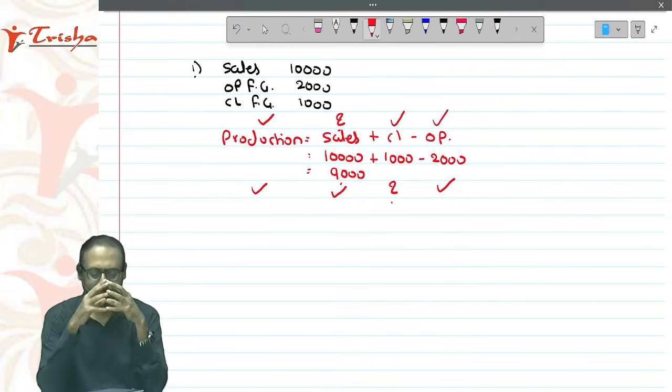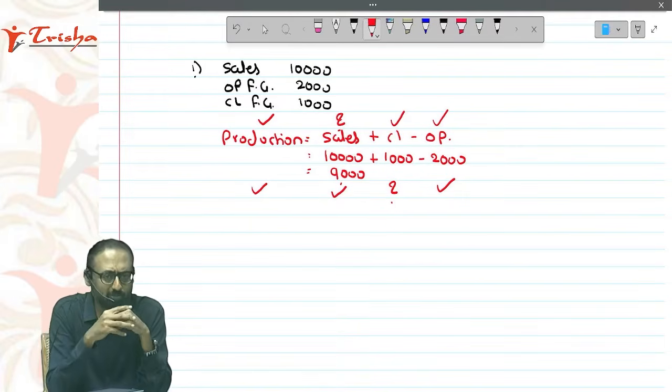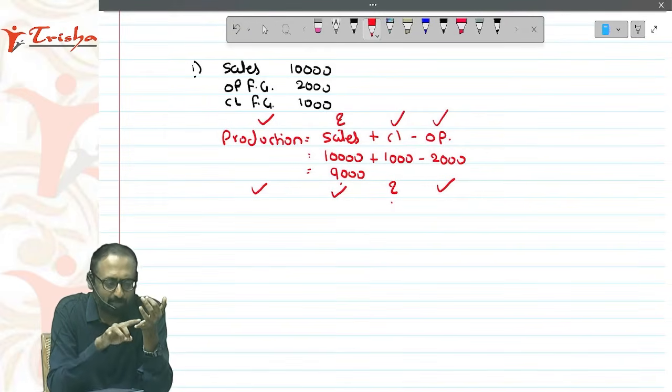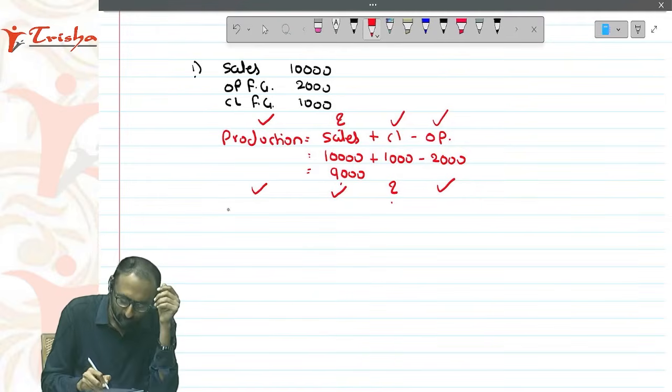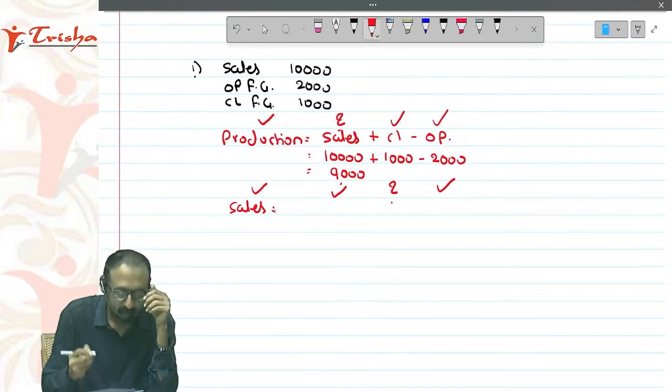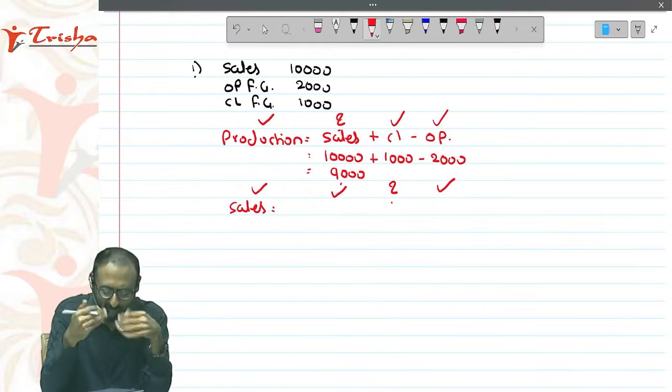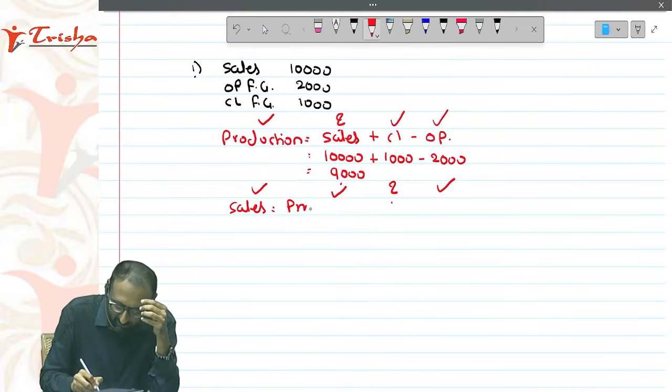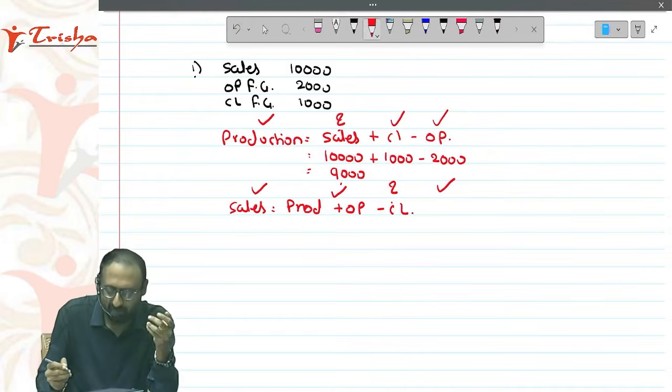So repeat, guys. What is your format for production quantity? Sales add closing stock of finished goods minus opening stock of finished goods is equal to production quantity. How to calculate sales now? Production quantity, add opening stock, minus closing stock is equal to sales quantity.